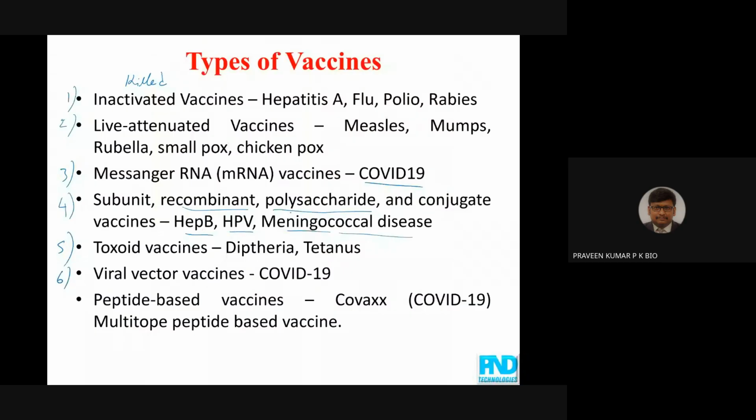Popularly, from adenovirus we have vaccines for COVID-19. And the seventh is the peptide-based vaccines. The example provided for treatment of COVID-19 is COVAX, which is a multitope-based vaccine.